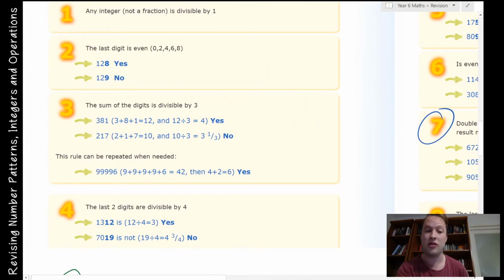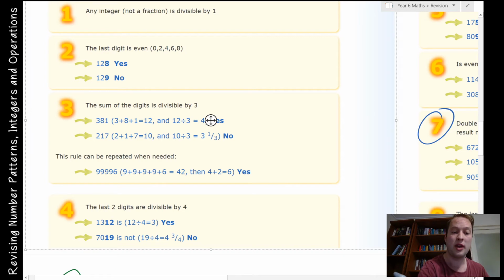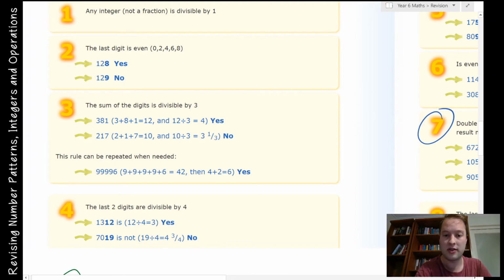But yeah, some of them I think are really fun rules. So like 3, you add up all the digits together and then see if that goes into 3. If I pick another example, is 2,354 divisible by 3? Add them all up.